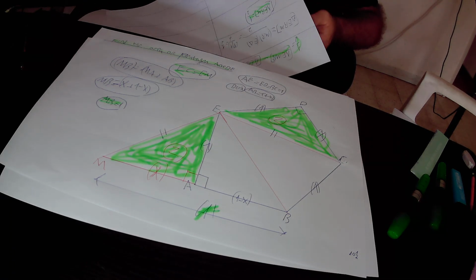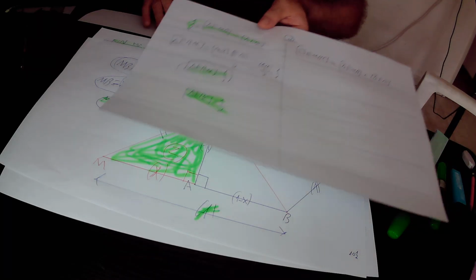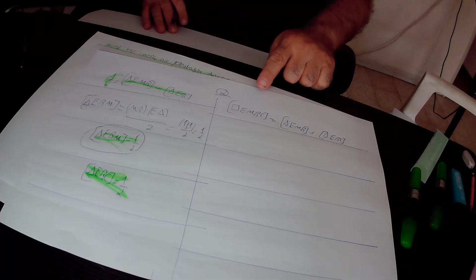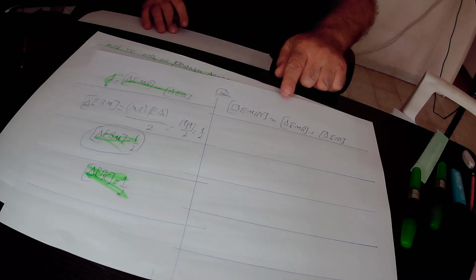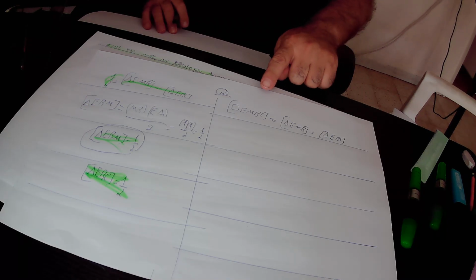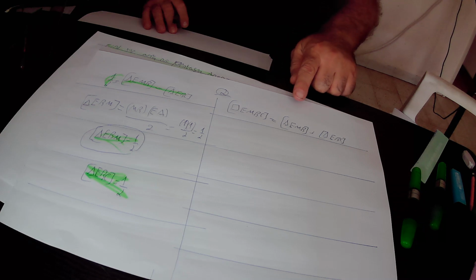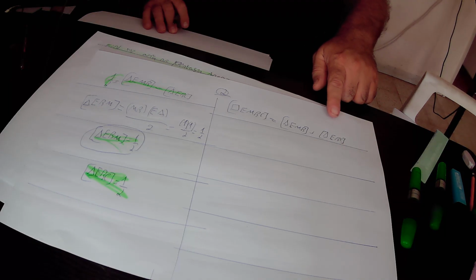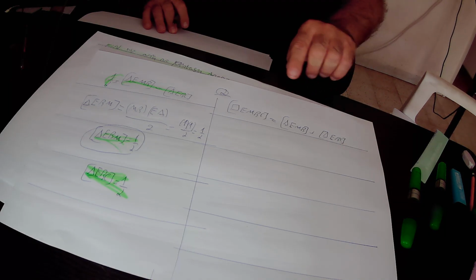That is to say, it must be equal to the area of triangle EMB plus the area of triangle EBC.